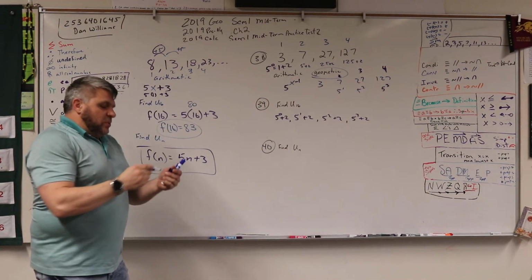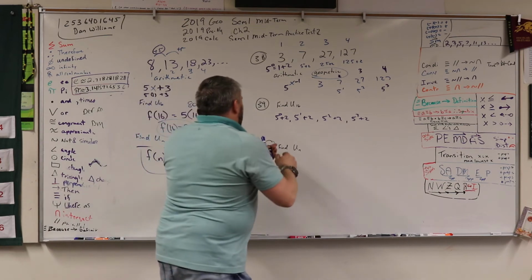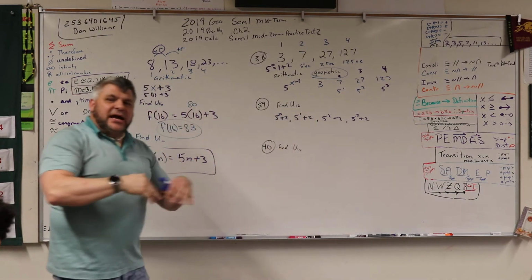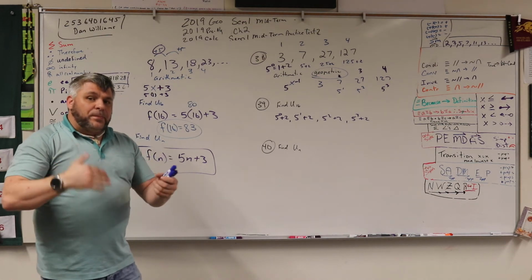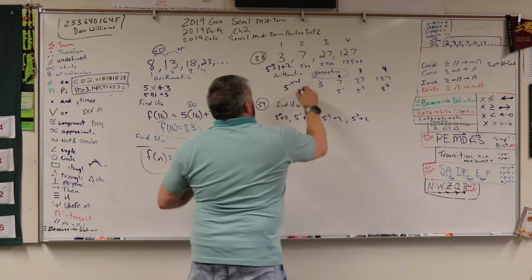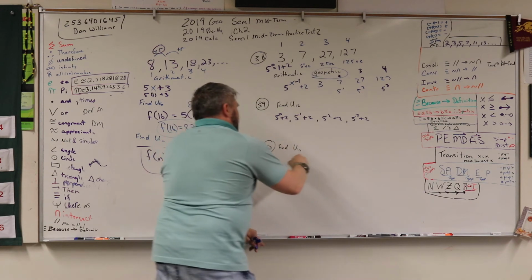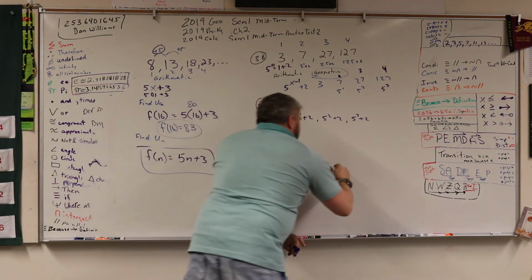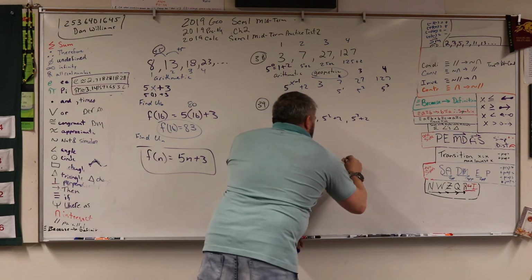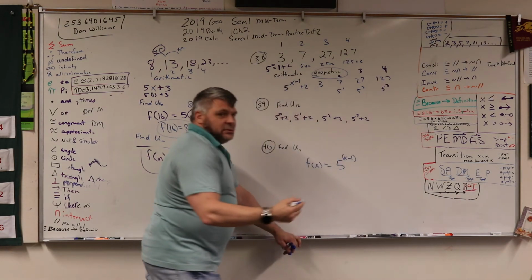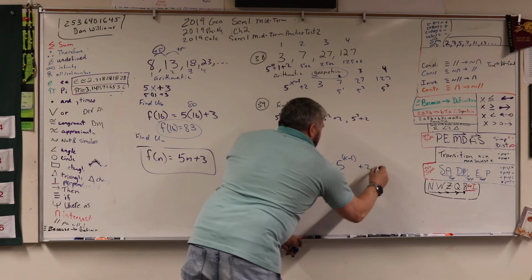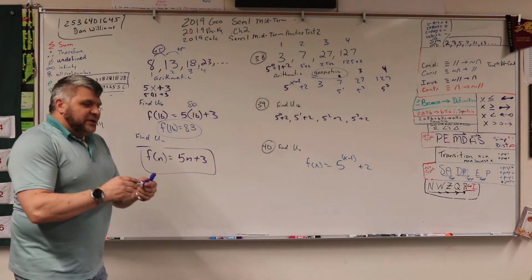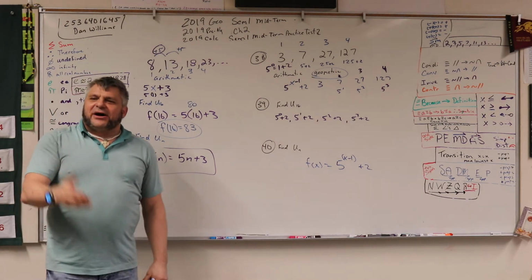So what's happening here is we really have 5 to the x minus 1, plus 2. So we have to add 2 to that. So now we know that f of x is actually equal to 5 to the x minus 1, plus 2.